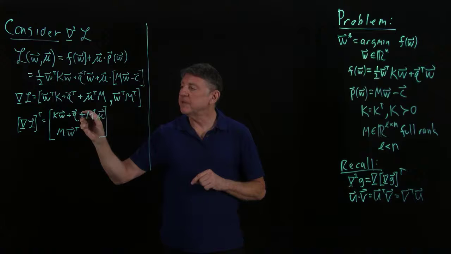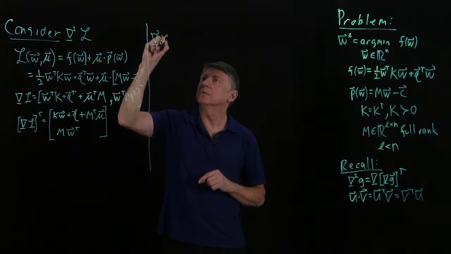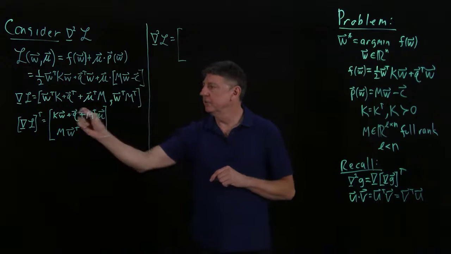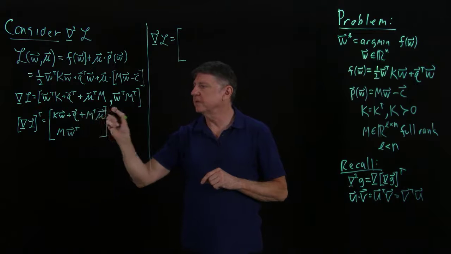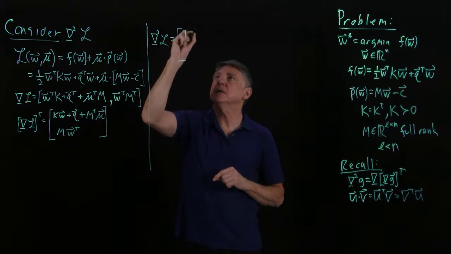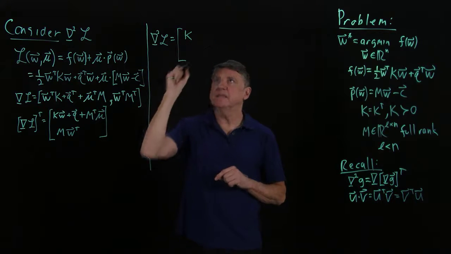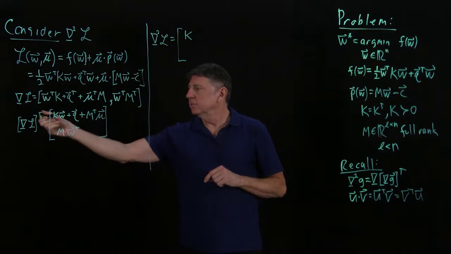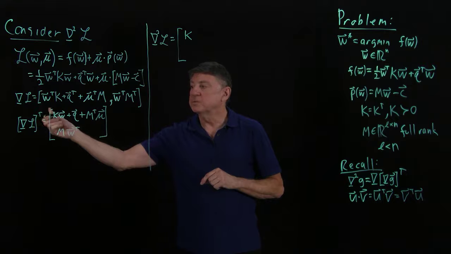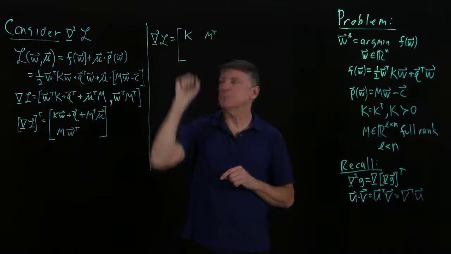So the first entry of the Hessian of the Lagrange function is the derivative of this term with respect to W, which is K and 0, so that is simply K. The next entry is this function differentiated with respect to mu, and so that will be M transpose.